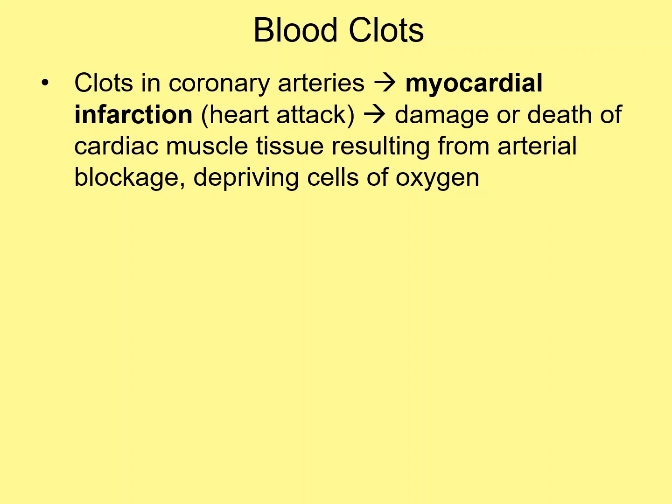If the clot occurs in any of the coronary arteries, so these are the arteries that actually bring oxygen to your heart muscle and keep your heart functioning properly, that's known as a myocardial infarction or an MI. We also refer to that as a heart attack. This means, of course, that the muscle is cut off from oxygen supply, so it's going to be damaging the heart muscle itself.